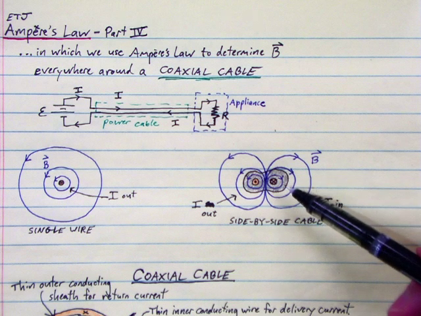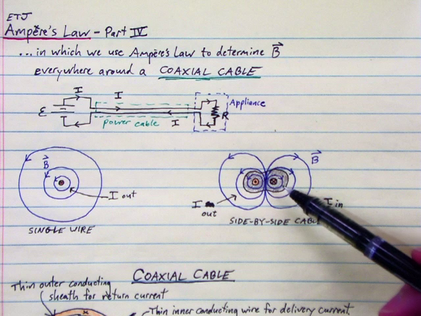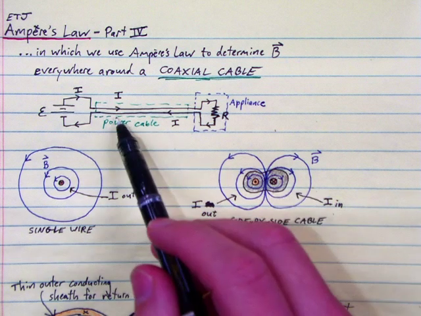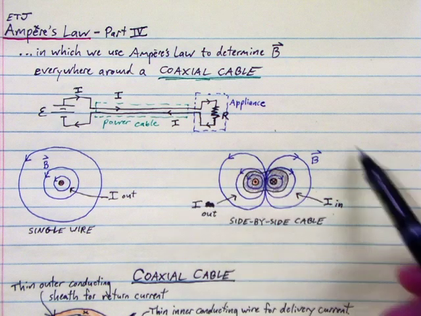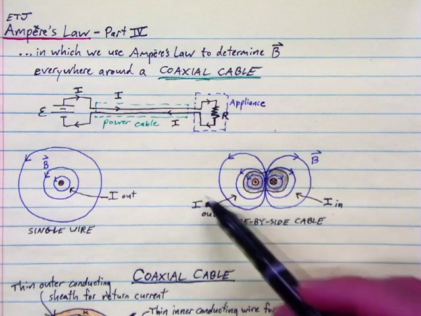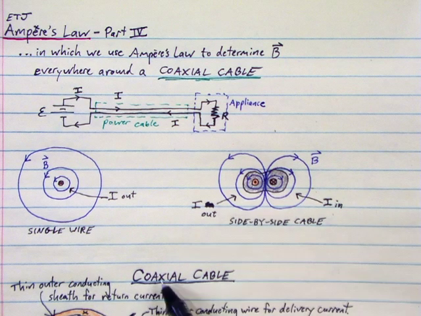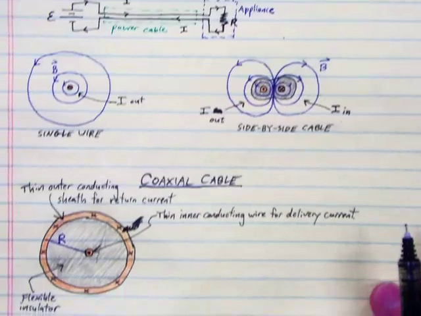Now, there are certain cases in which we would like to be delivering power, but without polluting the surrounding environment with magnetic field. And that's where the coaxial cable geometry comes in.